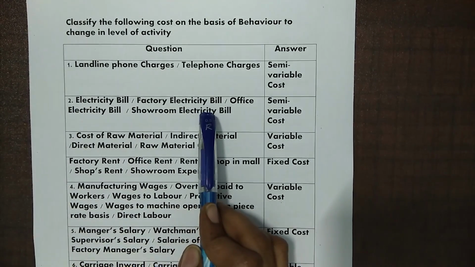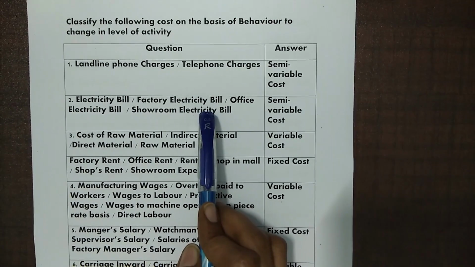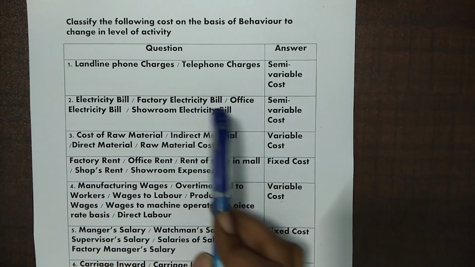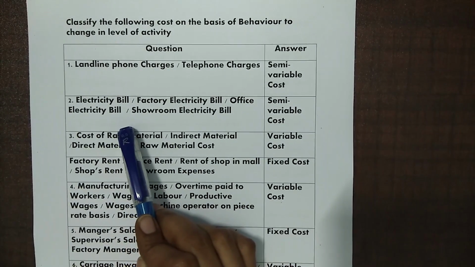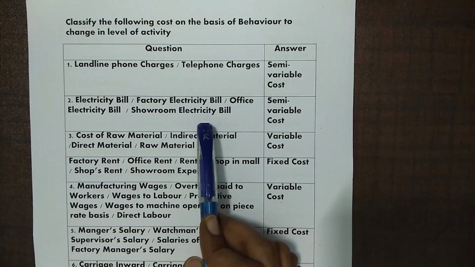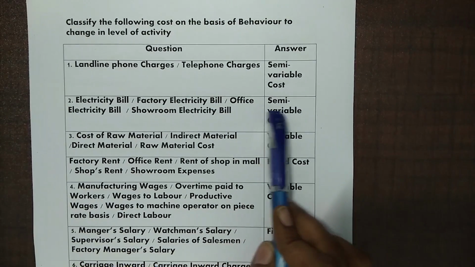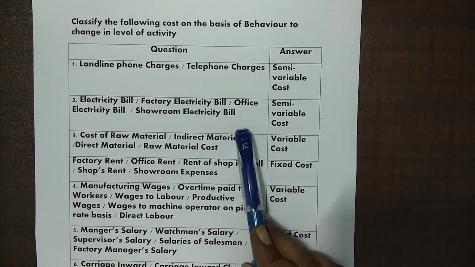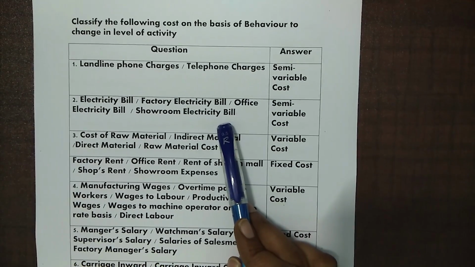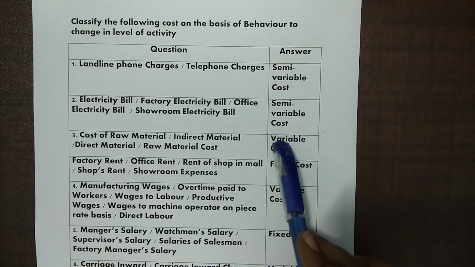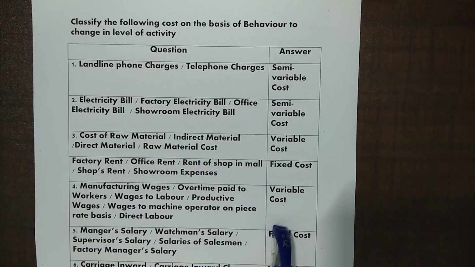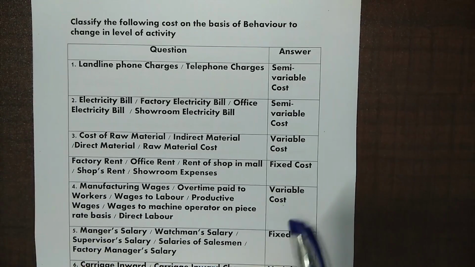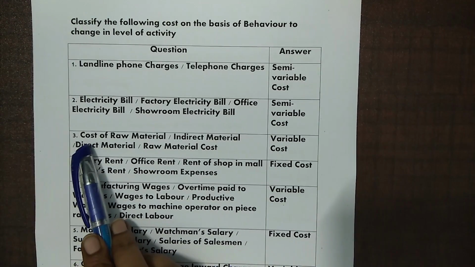They have given you a factory electricity bill, but ultimately it is an electricity bill only. Then they have given you office electricity bill, showroom electricity bill. So by default the answer is semi-variable cost. It's easy to remember that telephone bill and electricity bill only will be the semi-variable cost, and the rest of the costs can be either fixed cost or variable cost.